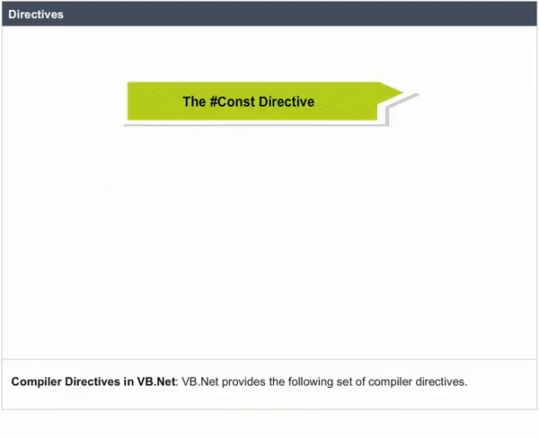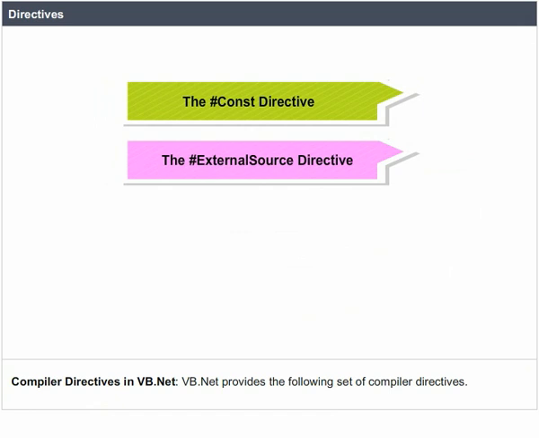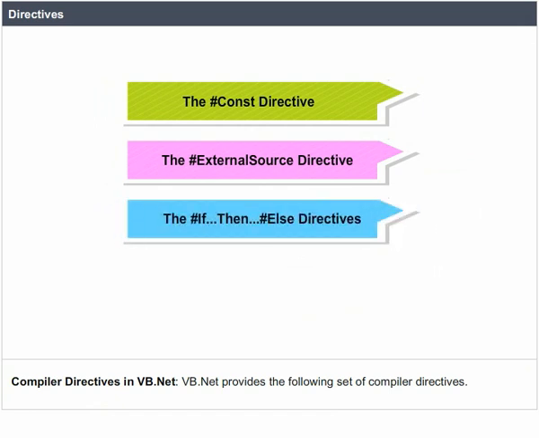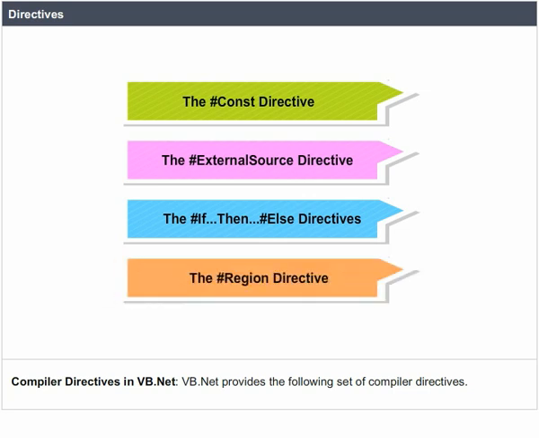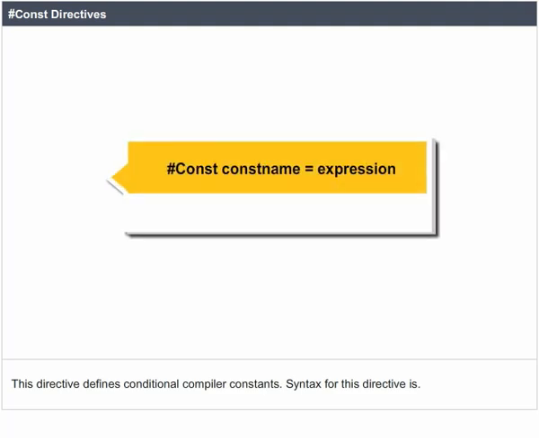Compiler directives in VB.NET. VB.NET provides the following set of compiler directives: the #Const directive, the #ExternalSource directive, the #If...Then...#Else directives, and the #Region directive. The #Const directive defines conditional compiler constants.